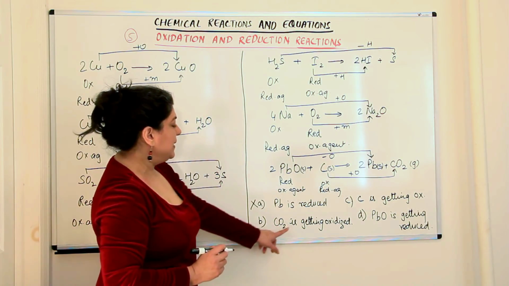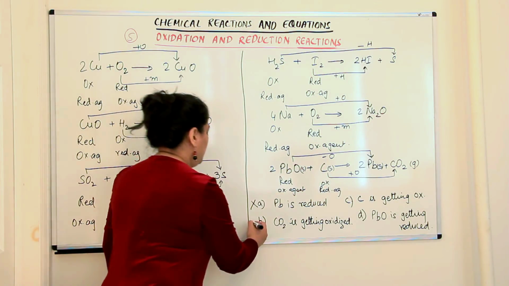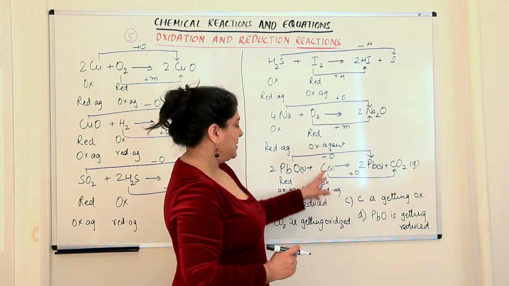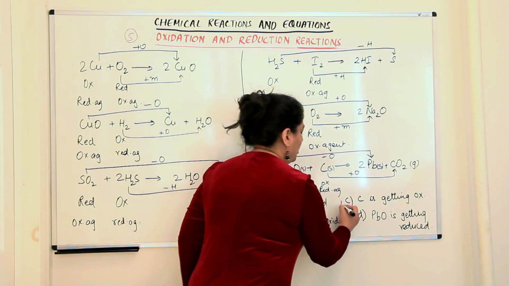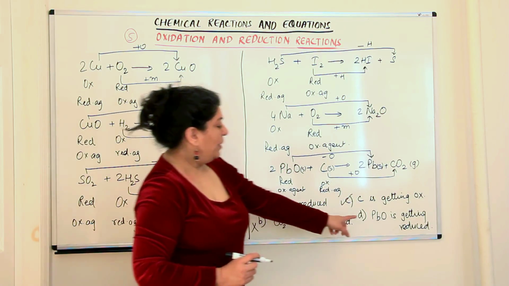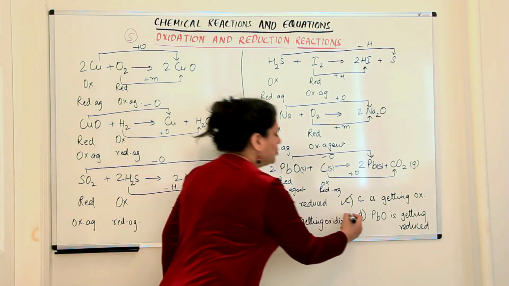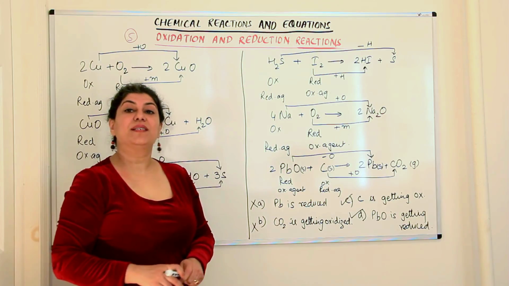Carbon dioxide is getting oxidized. Again, we do not have carbon dioxide in the reactants. This statement is wrong. Carbon is getting oxidized. Yes, we did notice that carbon gained oxygen and it got oxidized, so statement C is right. PbO is getting reduced. Yes, PbO is getting reduced, so C and D are the statements which are correct and A and B are the statements that are wrong.